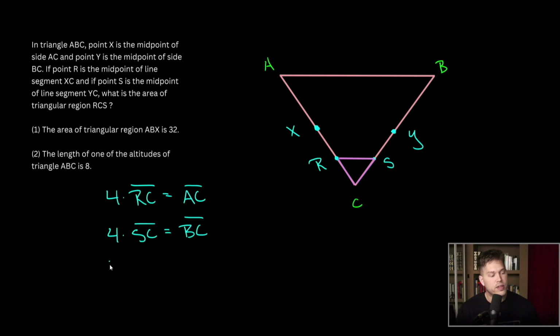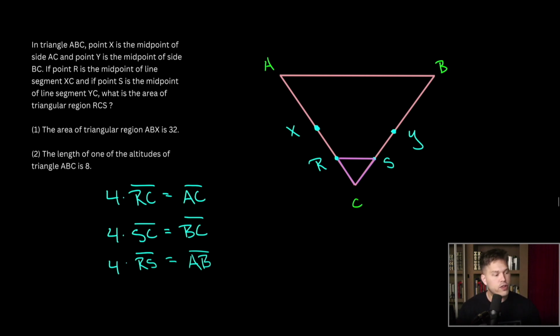And lastly, 4 times the length of RS, oops, I wrote RC, RS would equate to AB. And we know this just because we're told X is the midpoint of AC and then R is the midpoint of XC. So RC must be 4 times smaller than AC, etc.